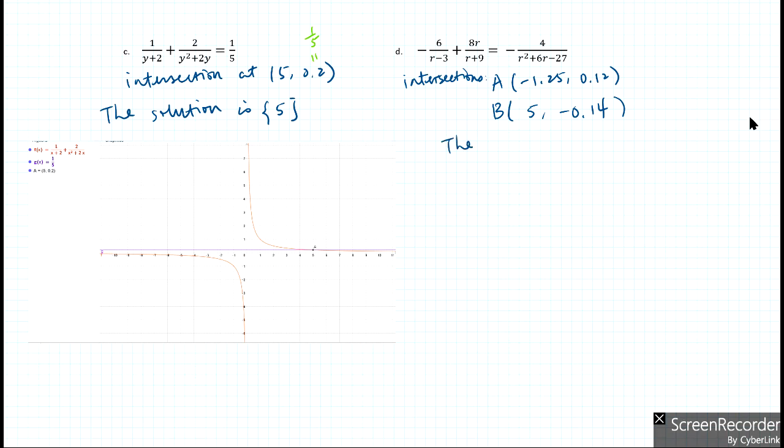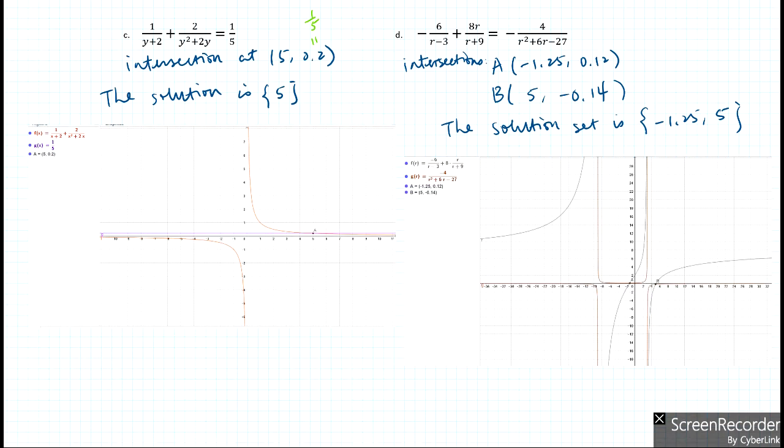And we can say the solution set is again the x values, negative 1.25, comma 5. And these are the graphs that we're looking at, and we have 2 results in this case. And here's a screenshot, and that's how we approach this type of problem when we're solving problems by graphing.